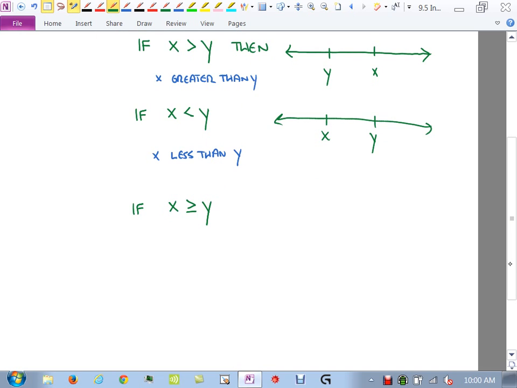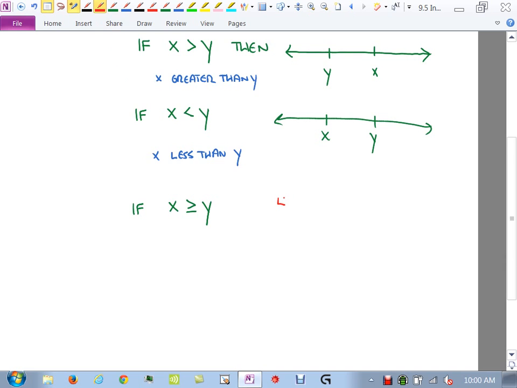How is this different than the one up here? Yeah, it's an or statement, right? It's saying two different things. It's saying either x is bigger than y or they are the same. It's harder to do on a number line, but I'll give you some examples.